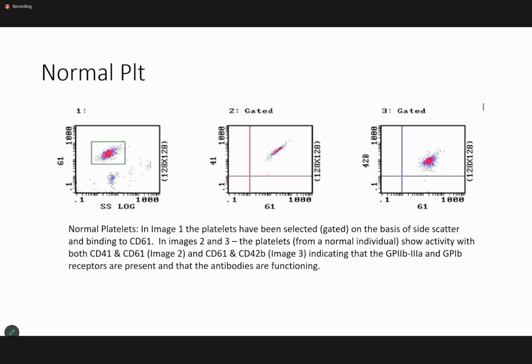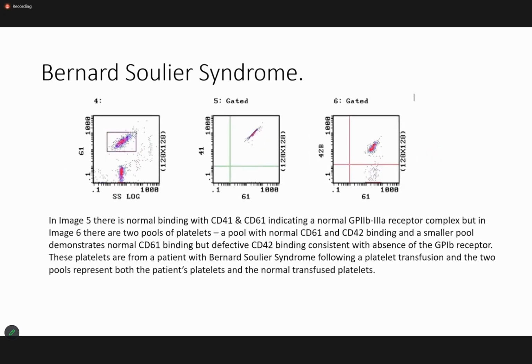But in this patient with Bernard-Soulier syndrome, the gated population, after we add the antibody 61 and 41, has an expression of CD61 and 41, but in the image shown here, basically there is a population where there is no expression of 42, but expression of 61.